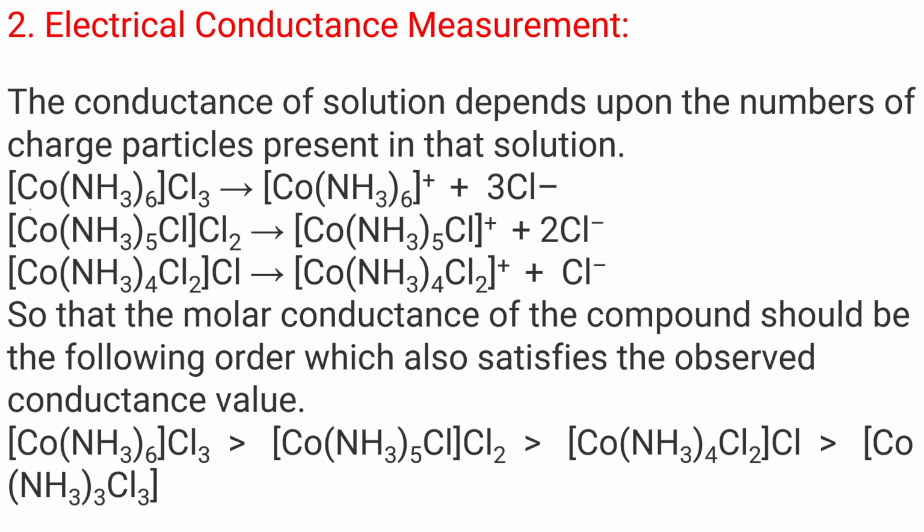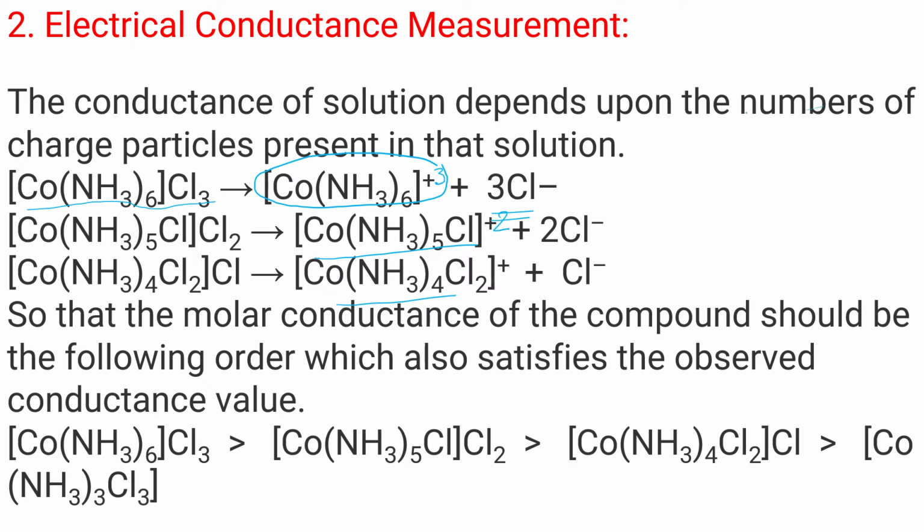For example, for this cobalt ammonia chloride, the dissociation will be cobalt ammonia plus, it is 3 plus basically, and 3 Cl minus. And here it is plus 2 charge over this complex. So this is the complex dissociation pattern and this is the other dissociation pattern.